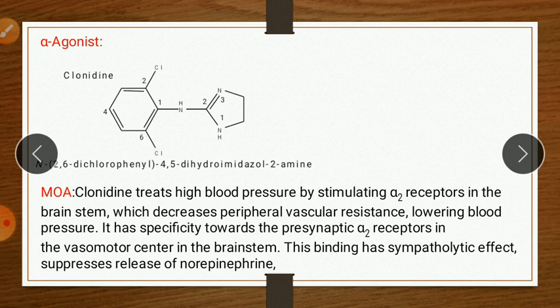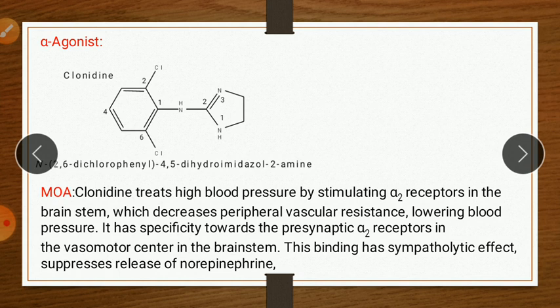Mechanism of action. Clonidine treats high blood pressure by stimulating alpha-2 receptors in the brain stem, which decreases peripheral vascular resistance, lowering blood pressure. It has specificity towards the presynaptic alpha-2 receptor in the vasomotor center in the brain stem. The binding has a sympatholytic effect, suppressing release of norepinephrine.